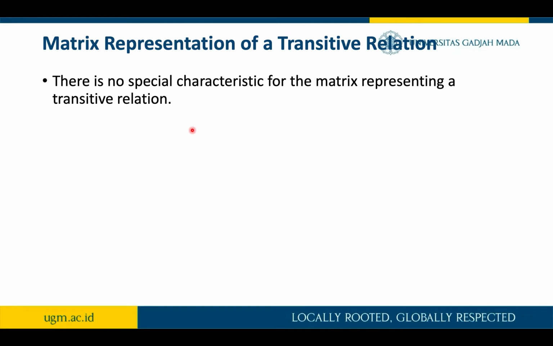But if we use the digraph representation of a relation, then at least we can check one by one whether the relation is transitive or not using the edges that represent the relation.